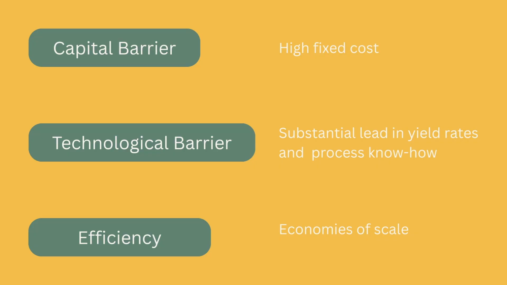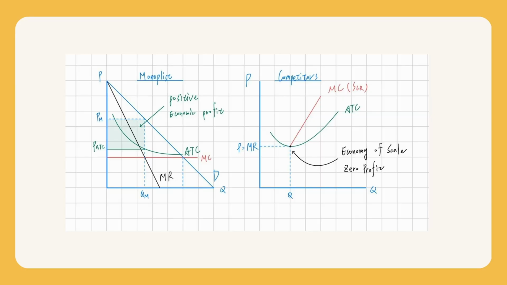And technological barrier. TSMC has a substantial lead in yield rate and process know-how. The third is efficiency. TSMC's superior efficiency and yield result in a low marginal cost curve compared to competitors, securing a large profit margin, that is, economies of scale.